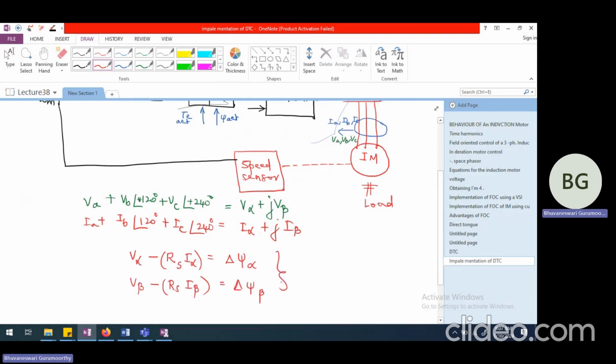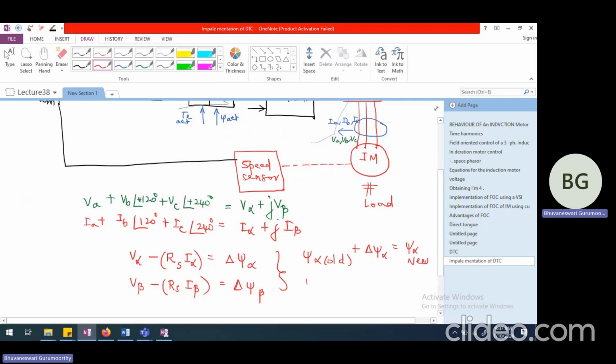If I know originally the psi alpha value, psi alpha will start from 0, and at every step it can be updated. So psi alpha old plus delta psi alpha will give me the new value of psi alpha.